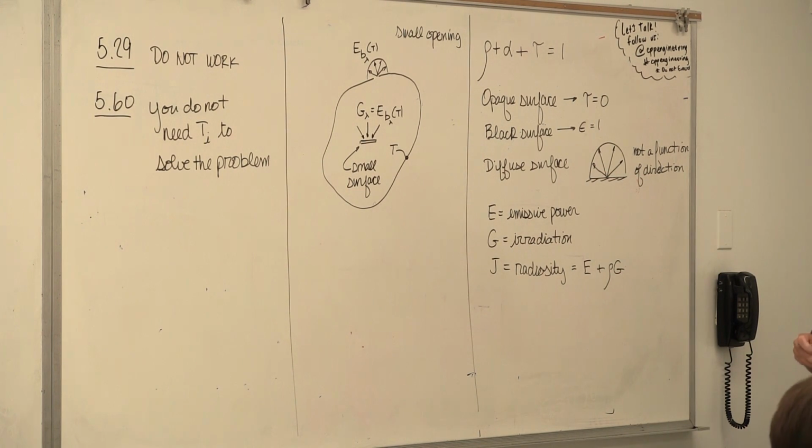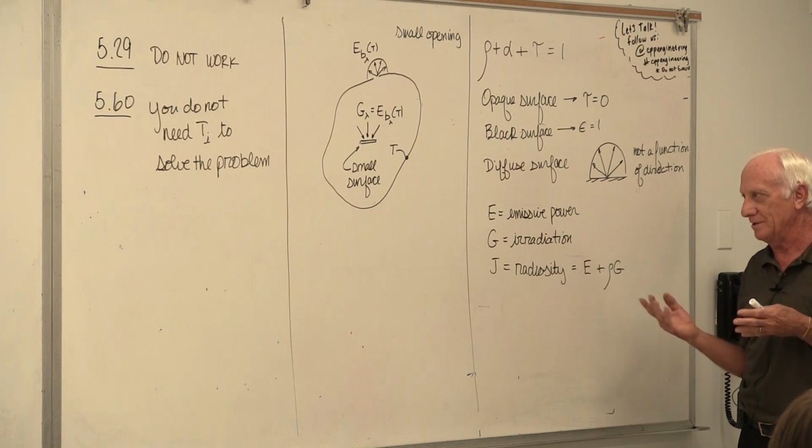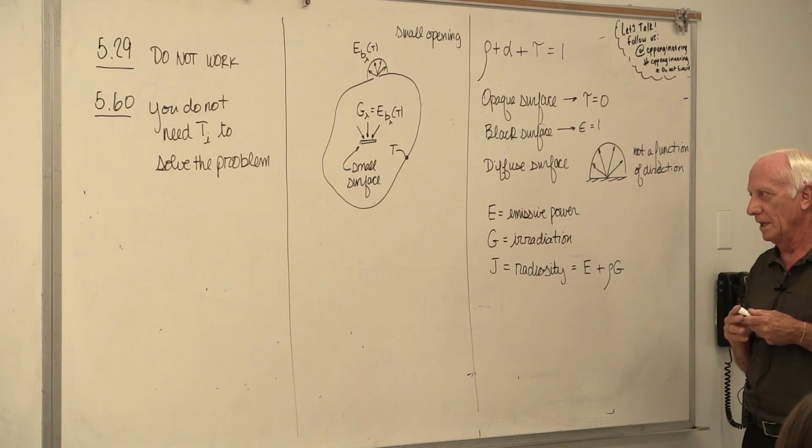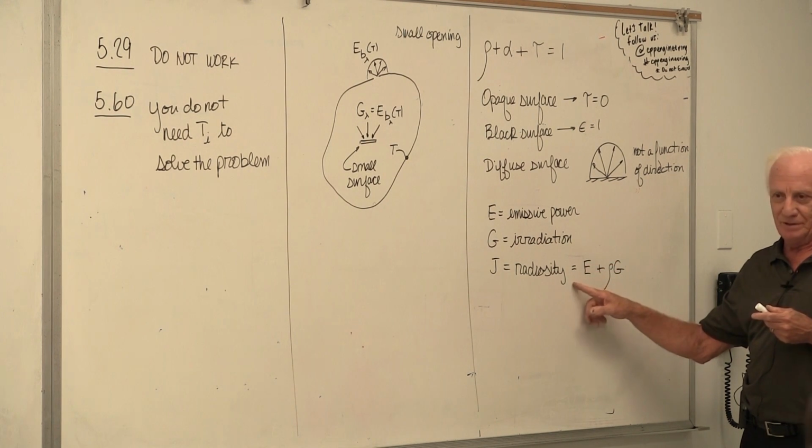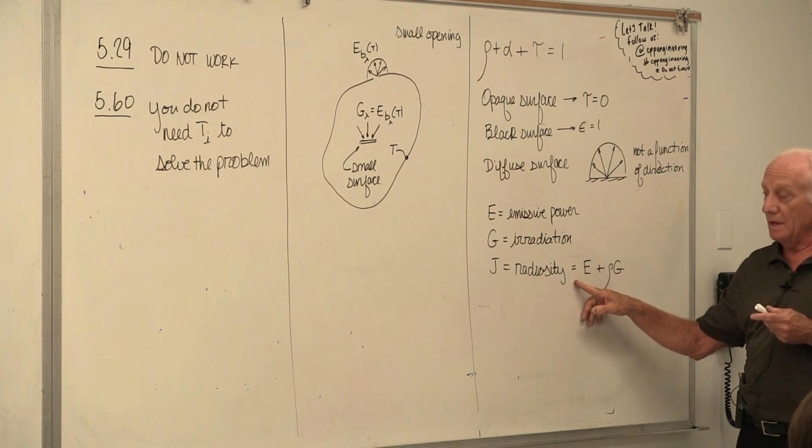Just to go through the capital letters, capital E, emissive power of a surface. The energy per time leaving a surface as a function of the surface temperature and the emissivity. Irradiation, what comes into a surface from all the surroundings. This might not be in your notes yet.